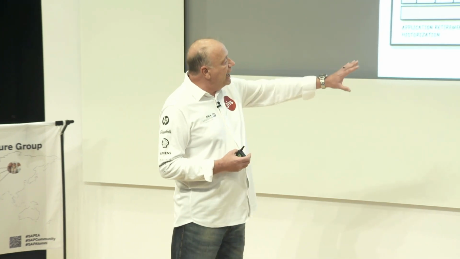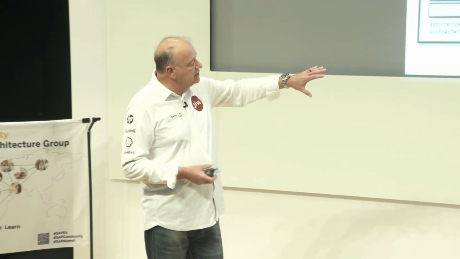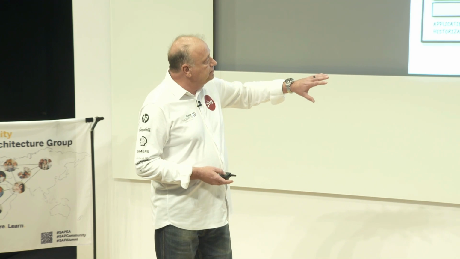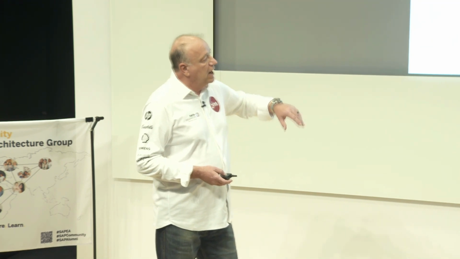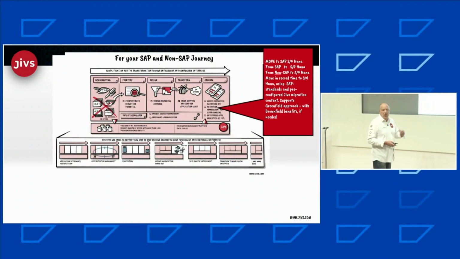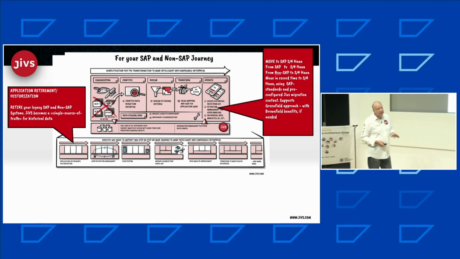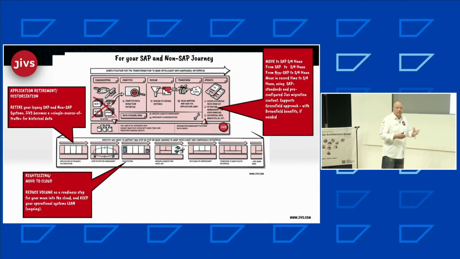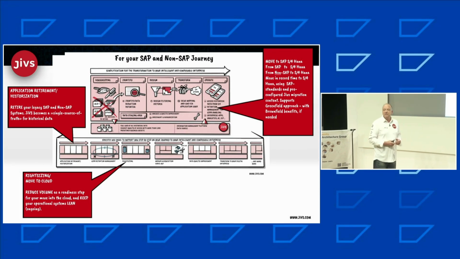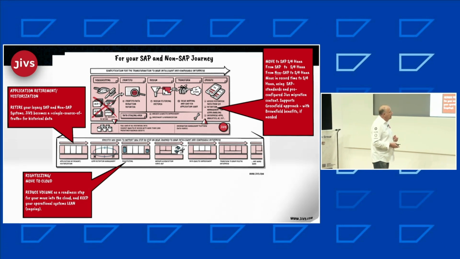In addition to that, for right sizing, typically before you move to the cloud maybe, or before you even tackle an S4 project, even though we do that typically during the migration. And then active archival, typical scenario there is you are on S4, you want to keep it lean as possible. So we support that as well.